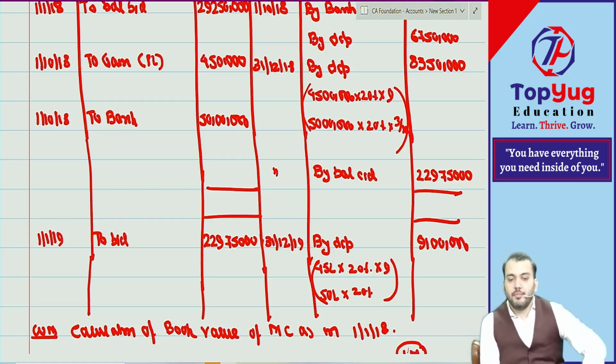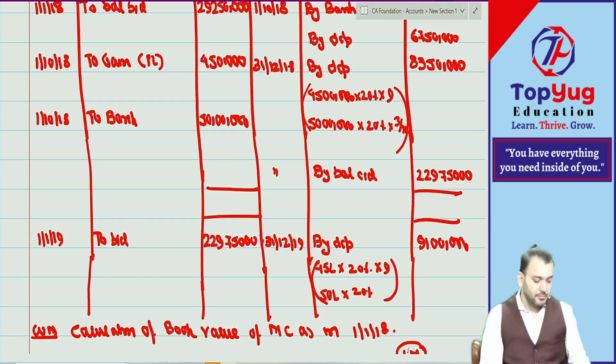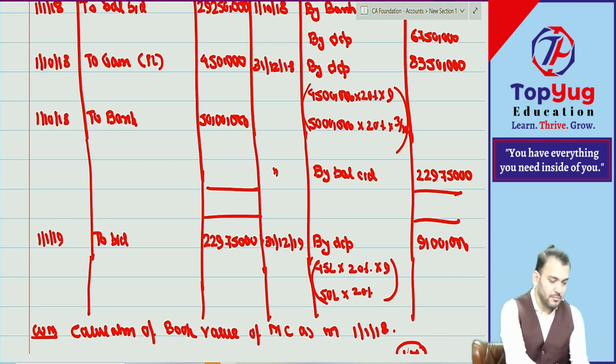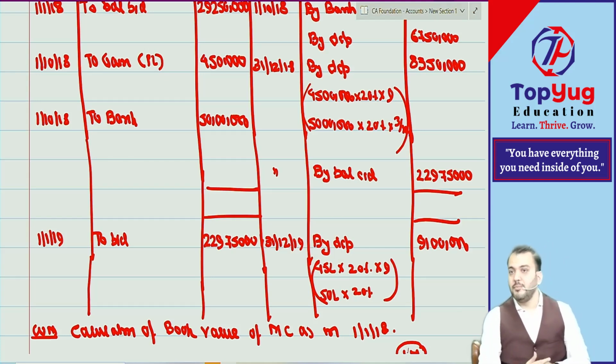Understood? Have you understood? Any more doubt in the depreciation chapter? Have you understood the calculation?